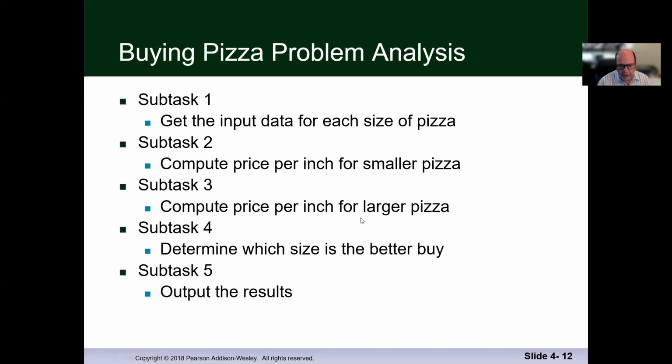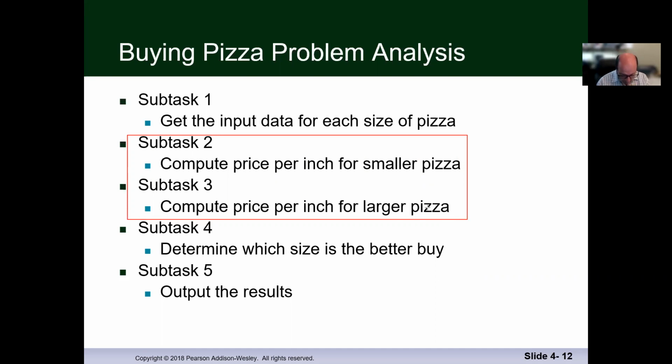Now, if you look at these, number 2 and number 3 are exactly the same thing. We are computing the unit price per inch for the smaller one or the larger one, but the computation is the same.